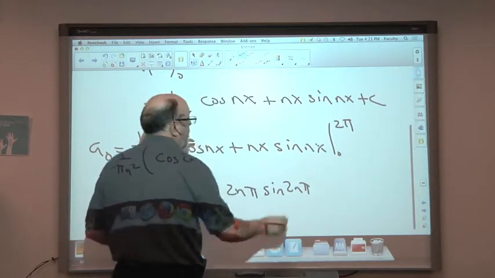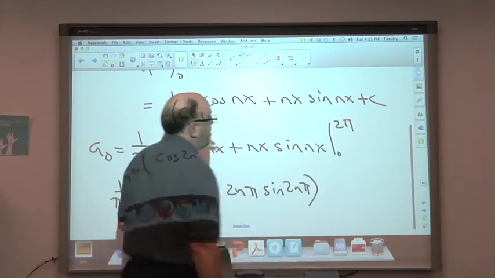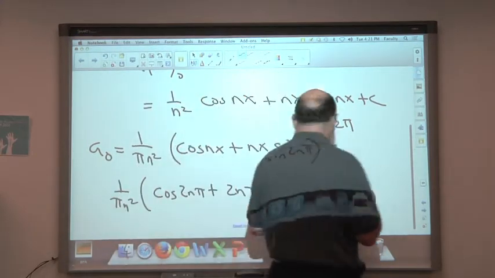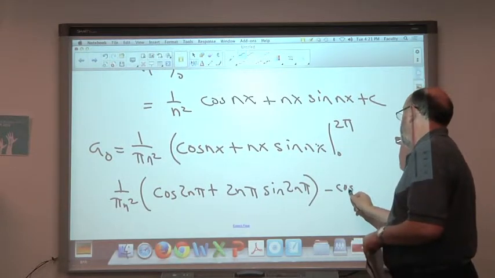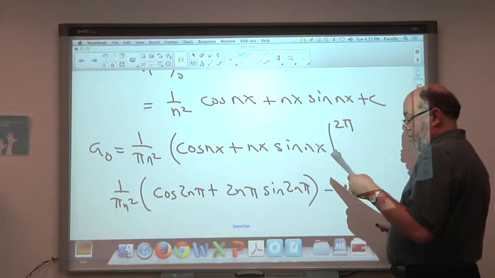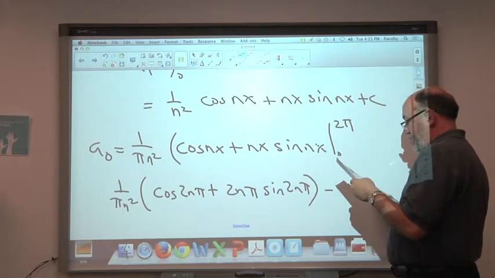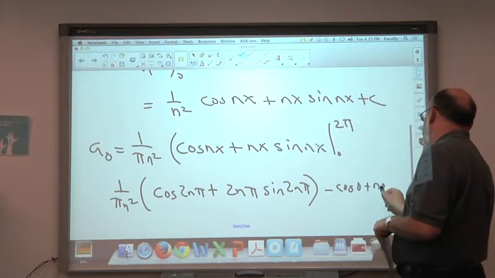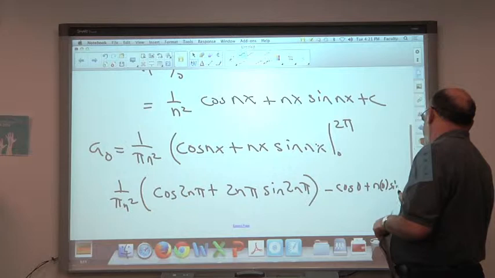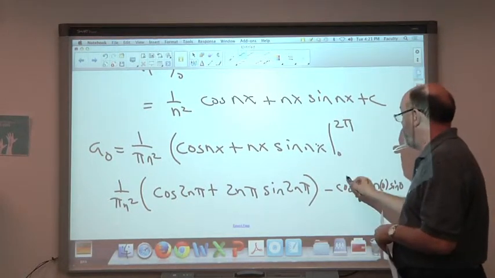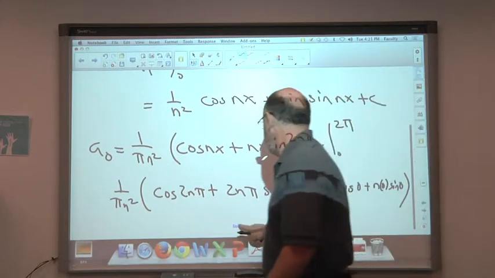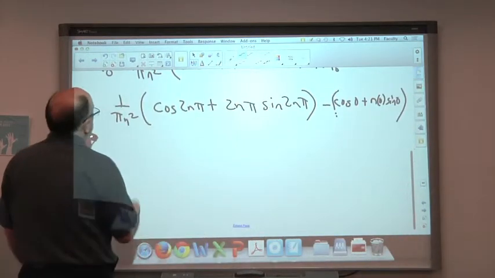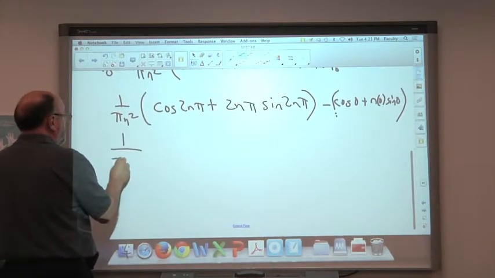That's what happens when I plug in the 2 pi. Minus the cosine of 0 plus n times 0 sine of 0. Right? And so this will be the back piece. All right. So this is going to be 1 over pi n squared.